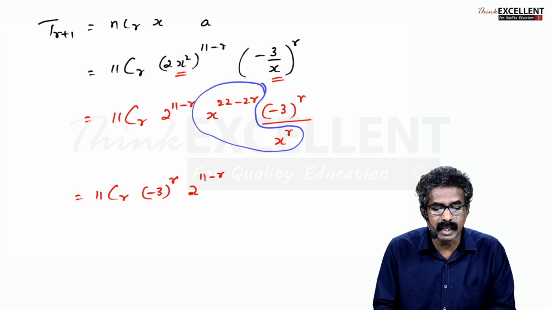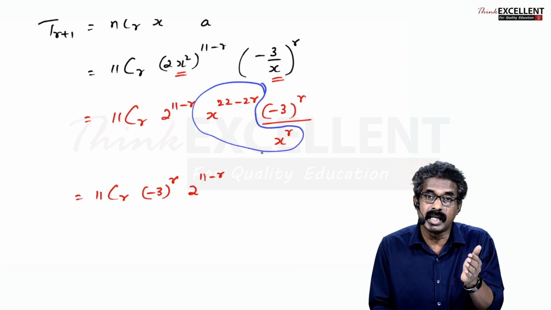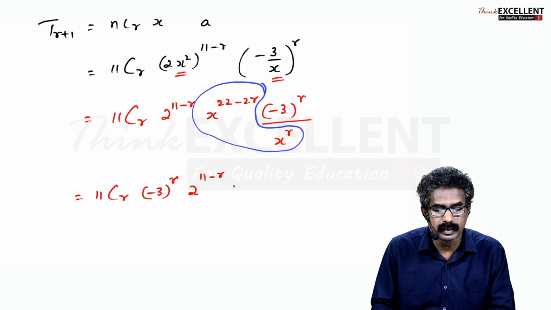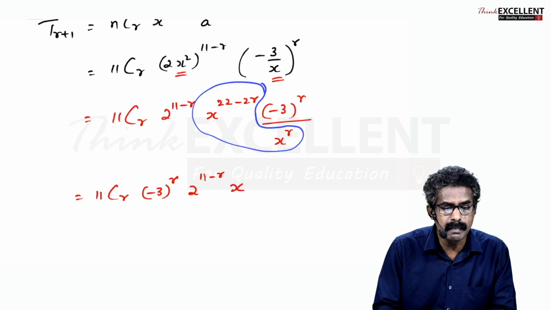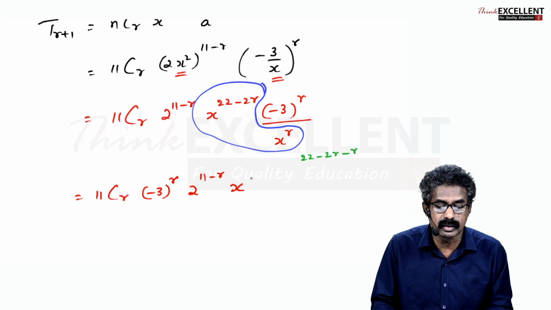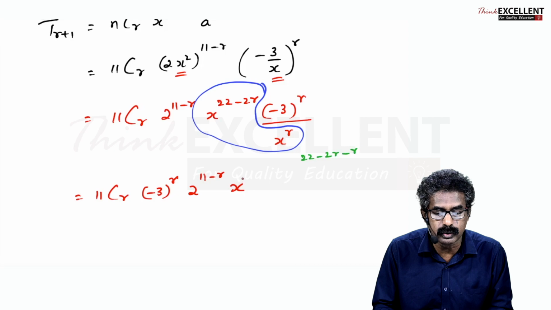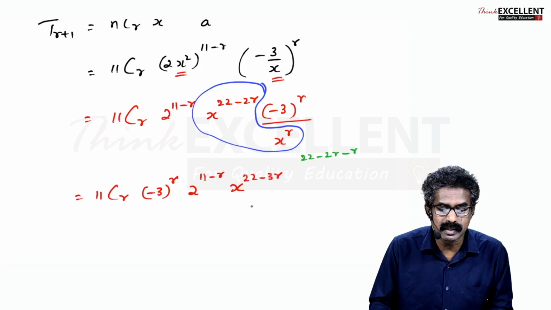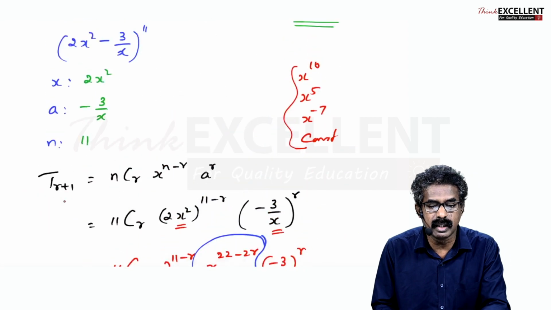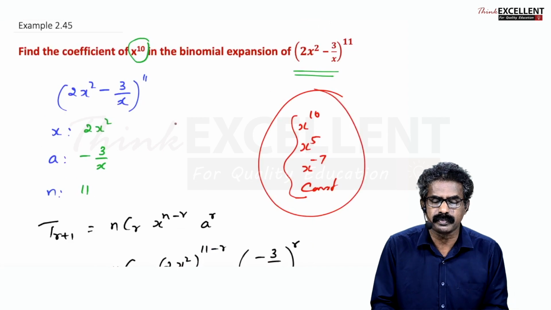This is of the type a raised to m by a raised to n, so a raised to m minus n. So x raised to m minus n. What is that? 22 minus 2r minus r. This r goes there, right? So what are you getting? 22 minus 3r.